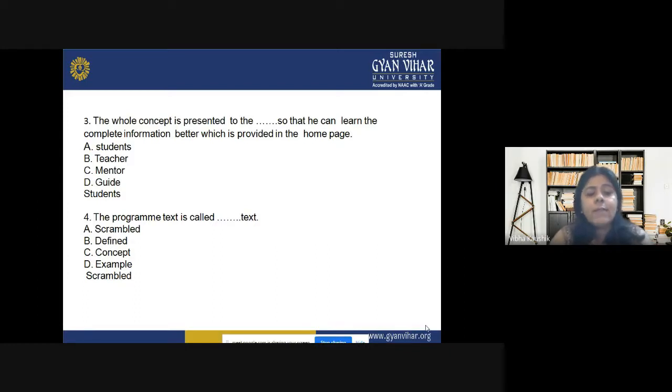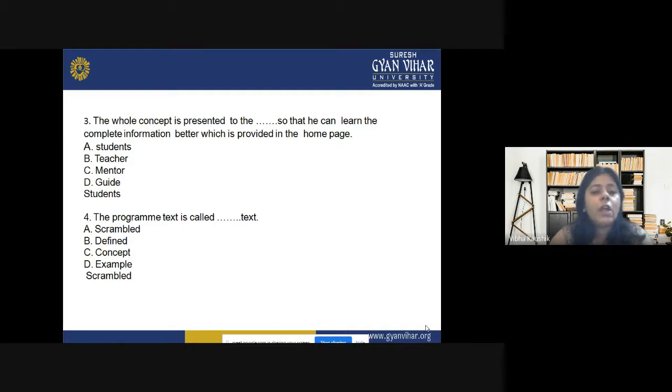The whole concept, the whole information, the whole subject matter that the teacher wants to teach is presented to the dash, to whom it is presented, so that he can learn the complete information which is being presented by the teacher, which is provided in the home page. That complete information is provided by the programmer in the home page.